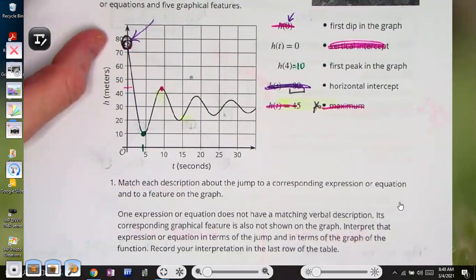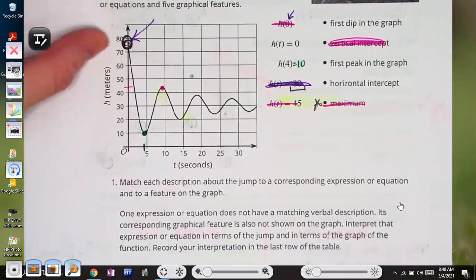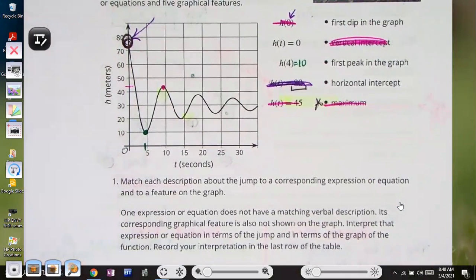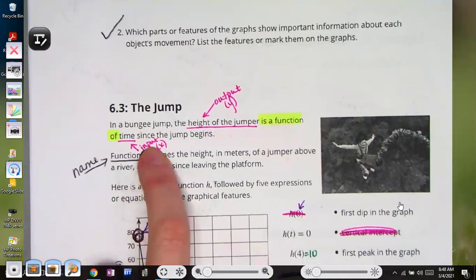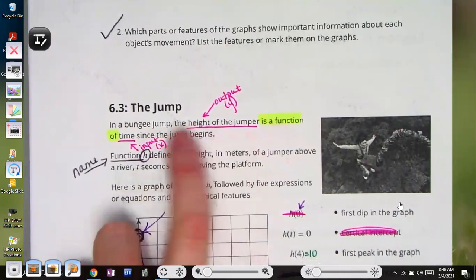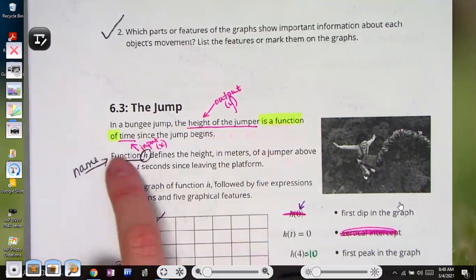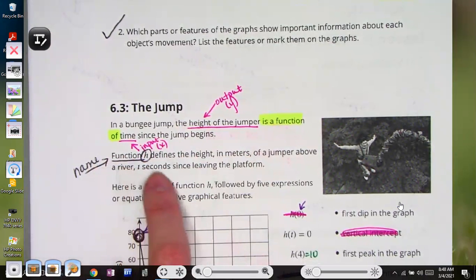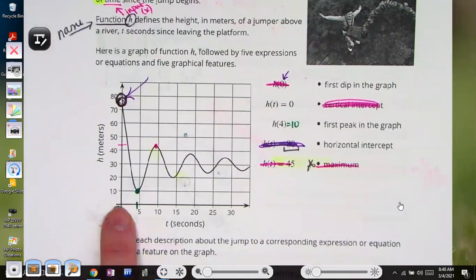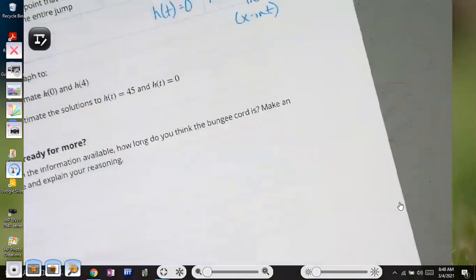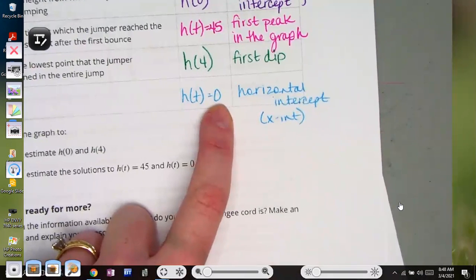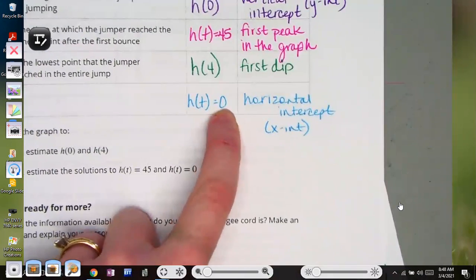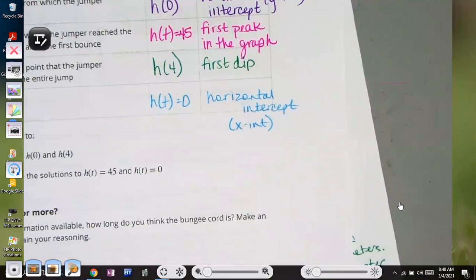So how am I supposed to know what's happening here? Well, let's think of what this situation is talking about. We're bungee jumping, right? So let's look back at our variables. It's the height of the jumper and time since the jumper begins. It defines the height of a jumper above a river, t seconds since leaving the ground. So if the height is at 0, which it is, we're not on the ground, where would we be?